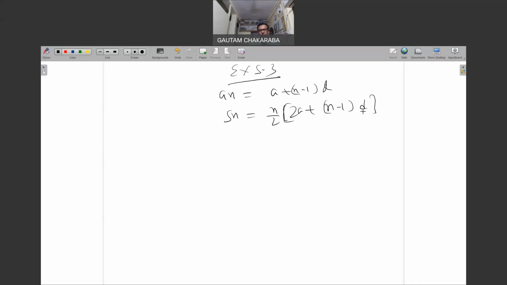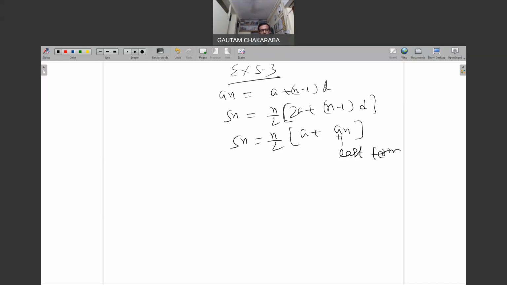A is the first term, d the common difference, n the number of terms. Another identity is n by 2 into a plus last term, otherwise you can write a plus l. Okay, this is the last term, and this is the first term, this is the number of terms.